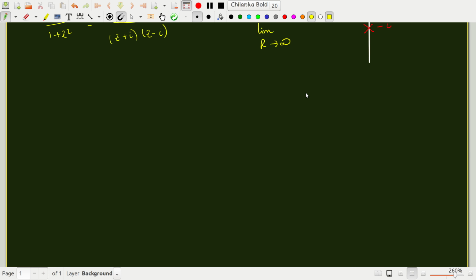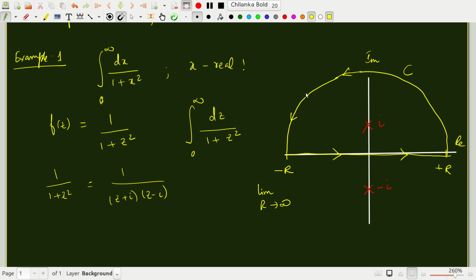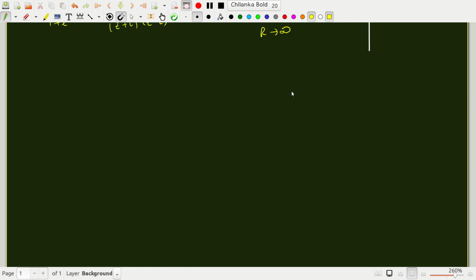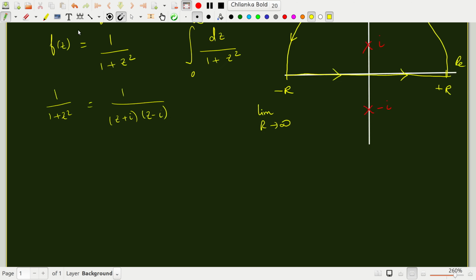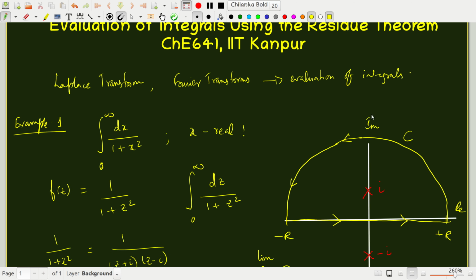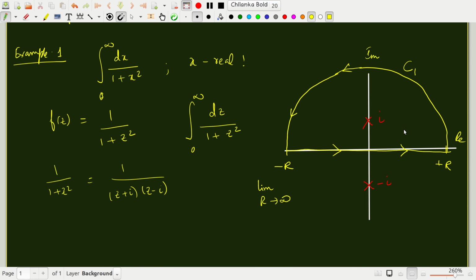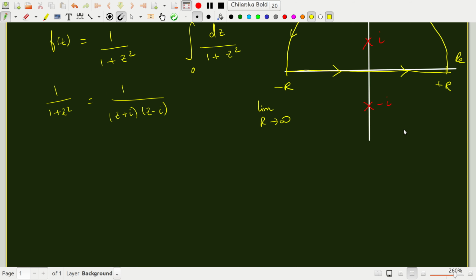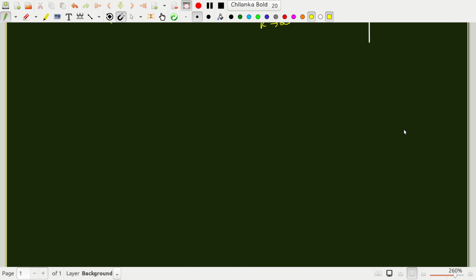In general the idea is to choose the semicircular contour such that the contribution from that piece to the integral is 0. Let's call this contour C1, because I'm going to call the one that goes on the negative side of the imaginary axis C2 later.